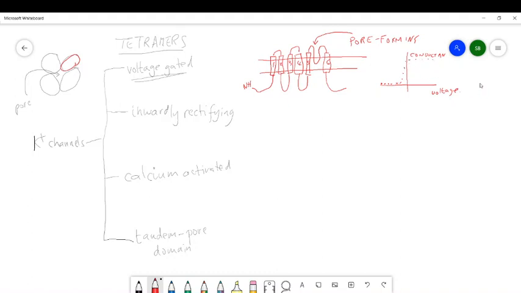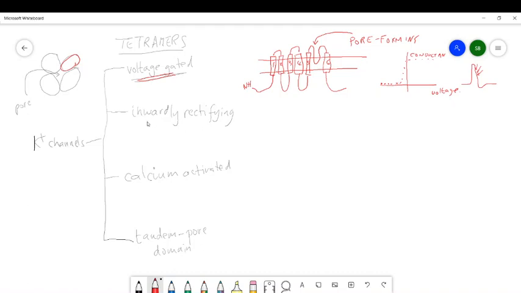So these are typically the ones that help with the repolarization of the action potential here. So that's the voltage gated ones.